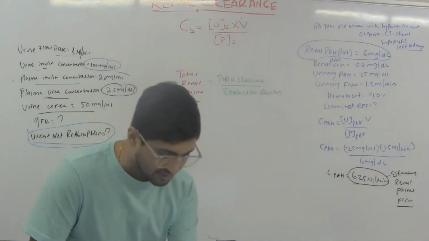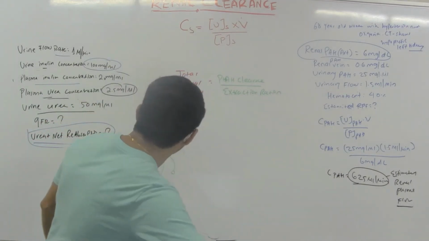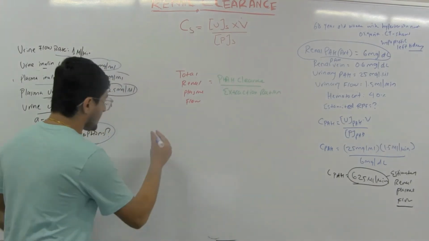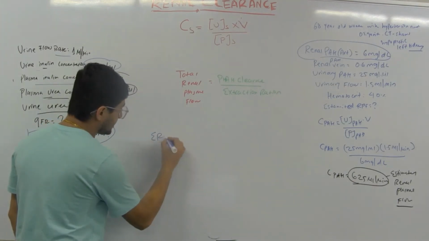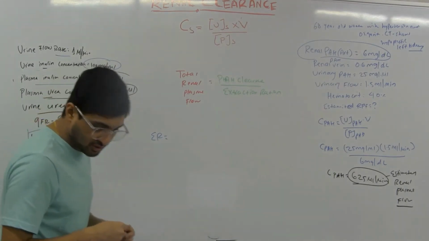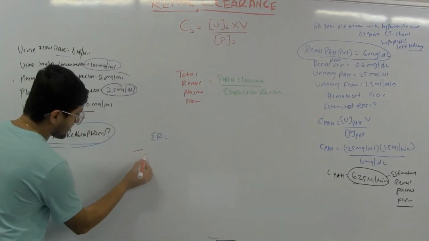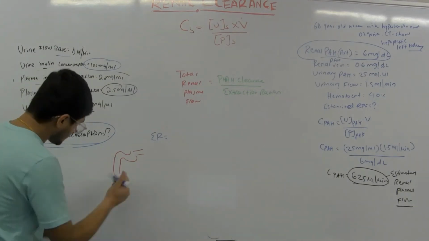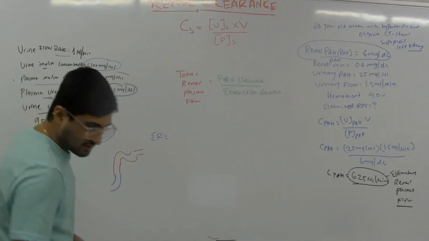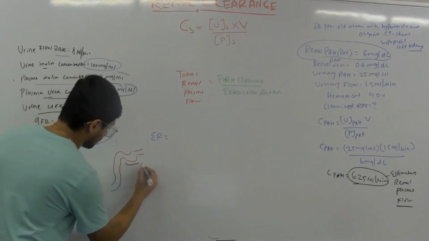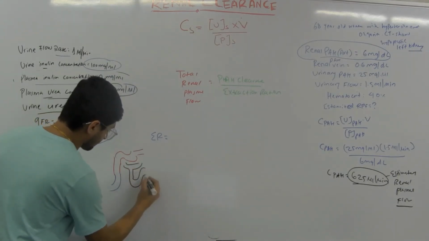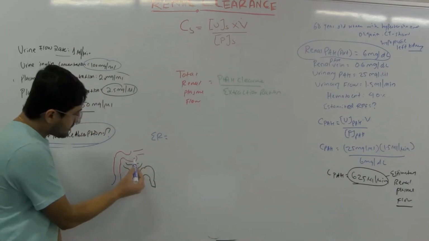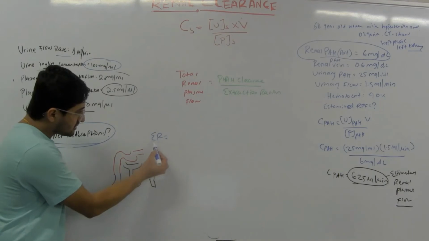An extraction ratio we can find out by doing two things. Let's write down the extraction ratio is equal to, look, if you come back here, what about the arterial side, what is the concentration of the PAH?